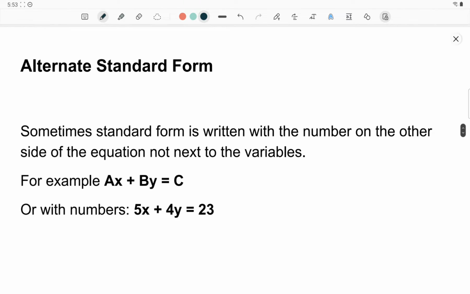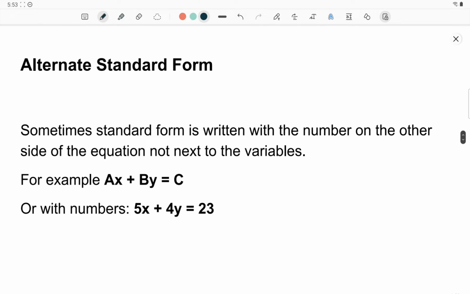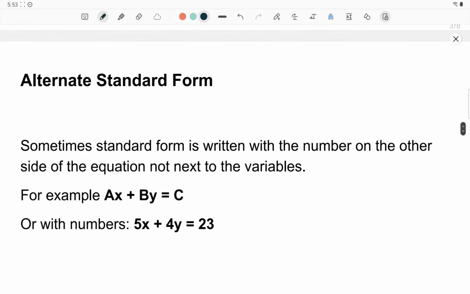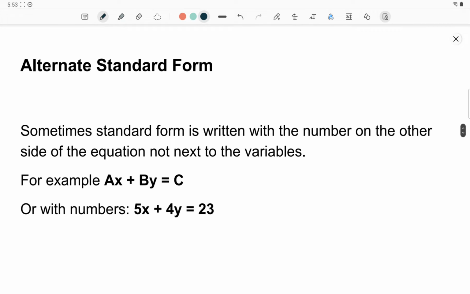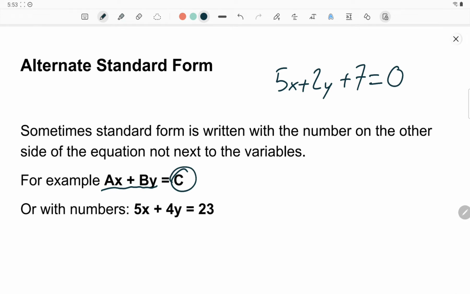But I do just want to go over this alternate form. Sometimes, instead of writing like 5x plus 2y plus 7, with the x, the y, and the number all on one side, the alternate way that you might see online is to write the x and the y part on one side and set that equal to some number.